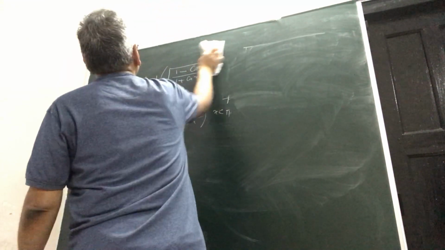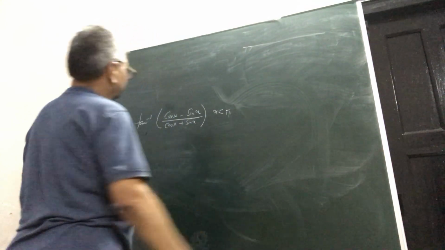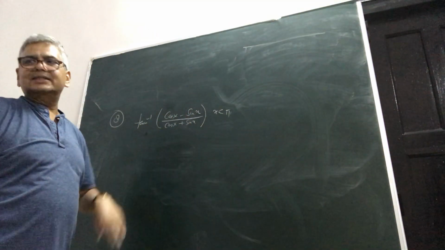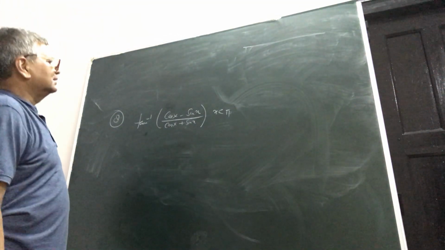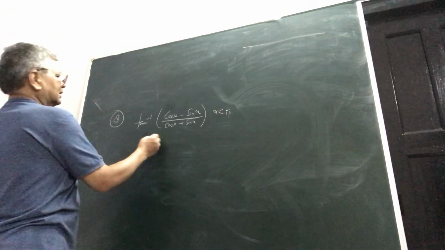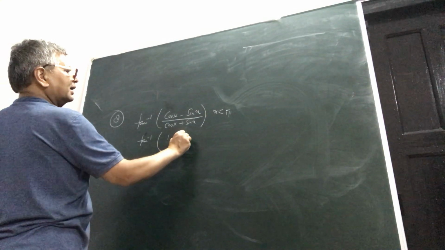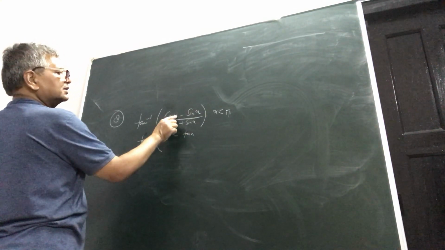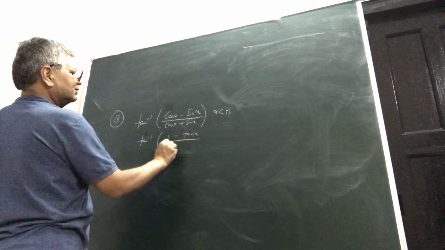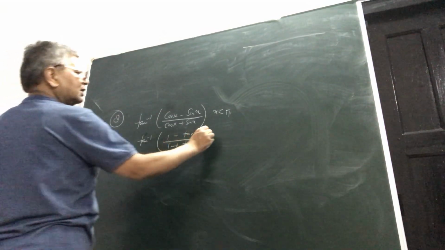So what you need to do is the same thing: simplify this and express it in terms of tangent, and you will get the result. Very simple, you divide throughout with cos x. So you get 1 minus tan x upon 1 plus tan x.